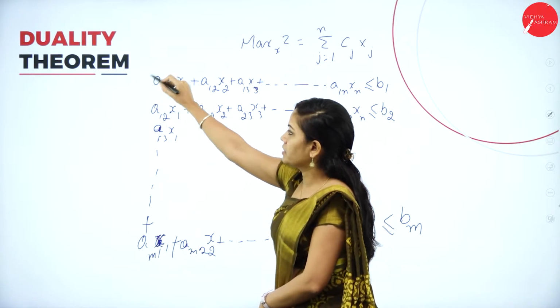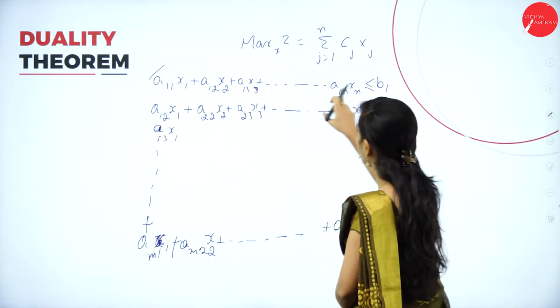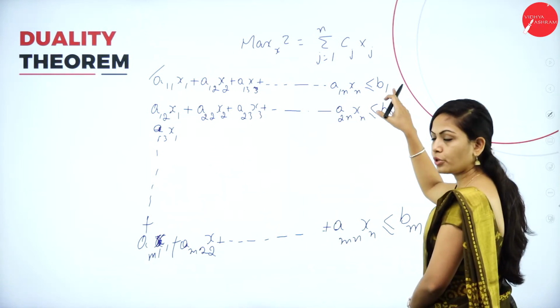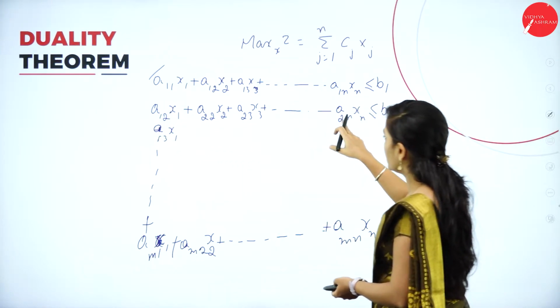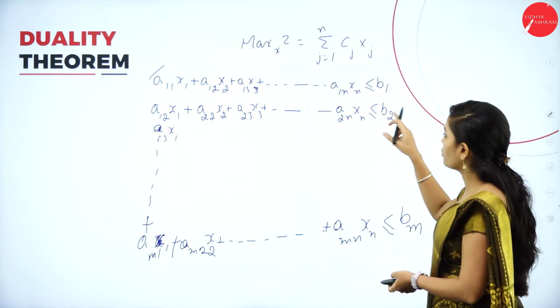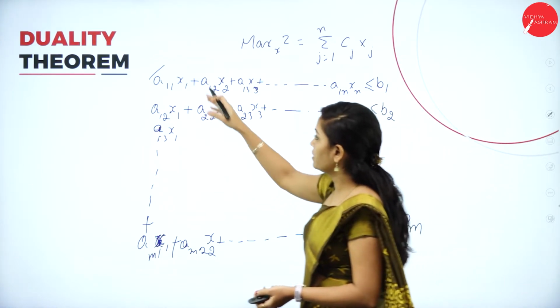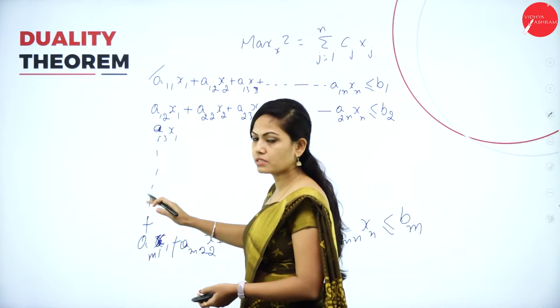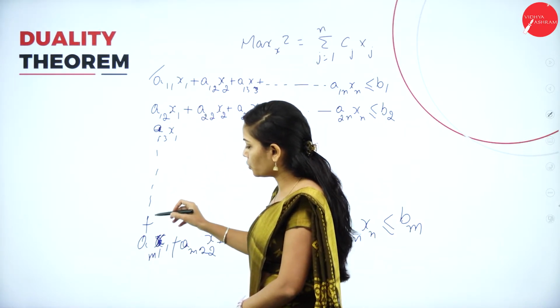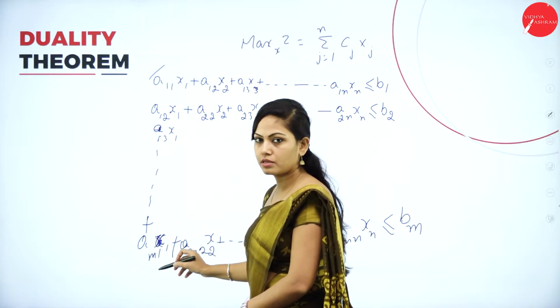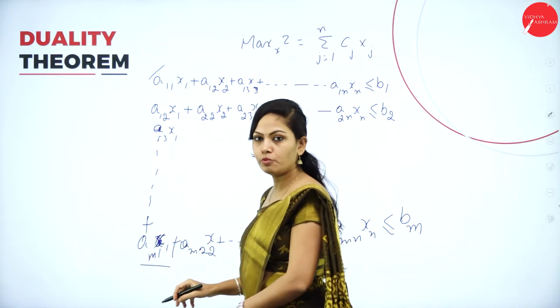Here I considered a11 x1 to a1n xn less than or equal to b1, and a21 x1 to a2n xn less than or equal to b2, and you just observe this LHS: a11, a12, a13, a14 up to am1.